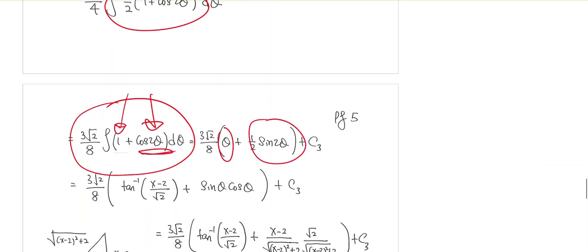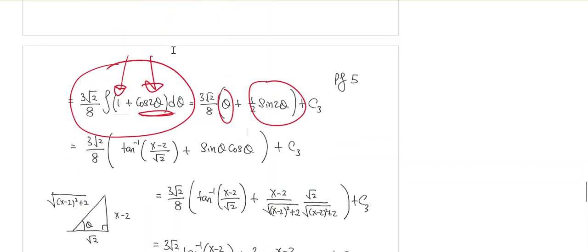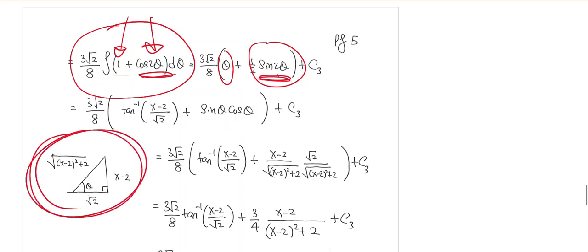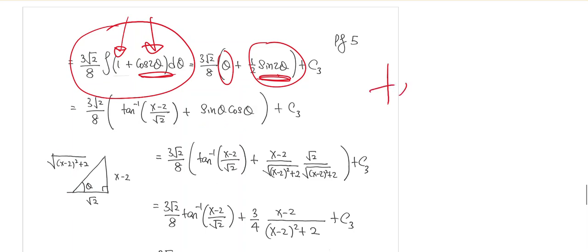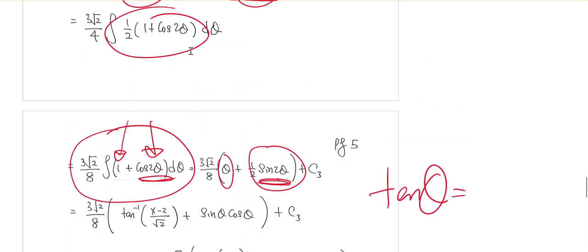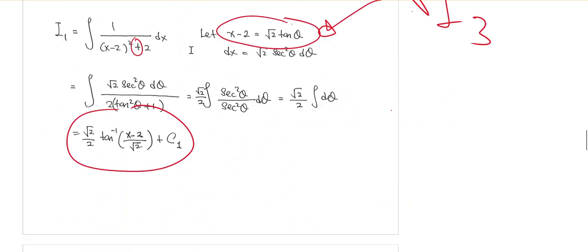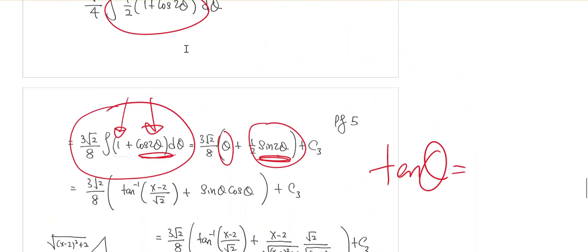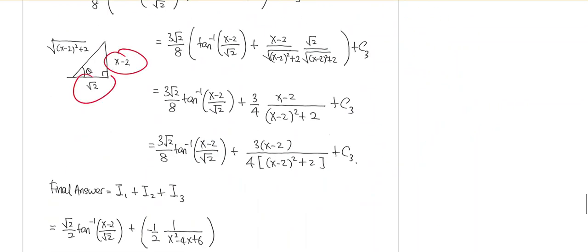And then the one last thing is you want to write it in terms of x. So again, remember that we only have theta, we don't have two theta, so we have to split it up into sine theta and cosine theta. And using this triangle, I'm pretty sure you know how to construct this triangle now because we know tangent theta. Tangent theta is from here. You can see our tangent theta is x minus 2 over square root of 2.